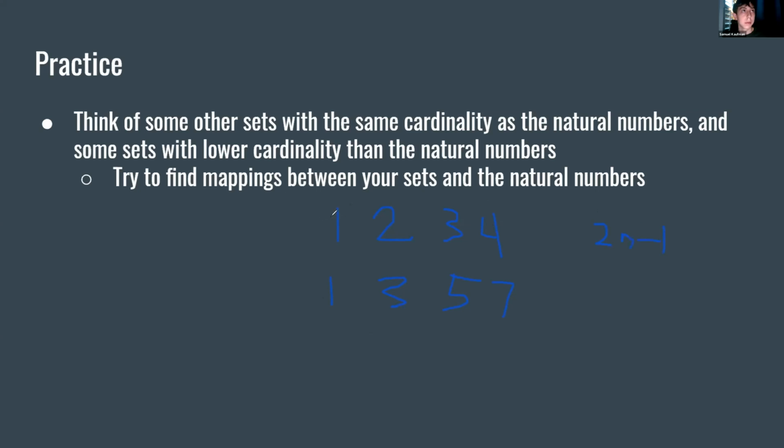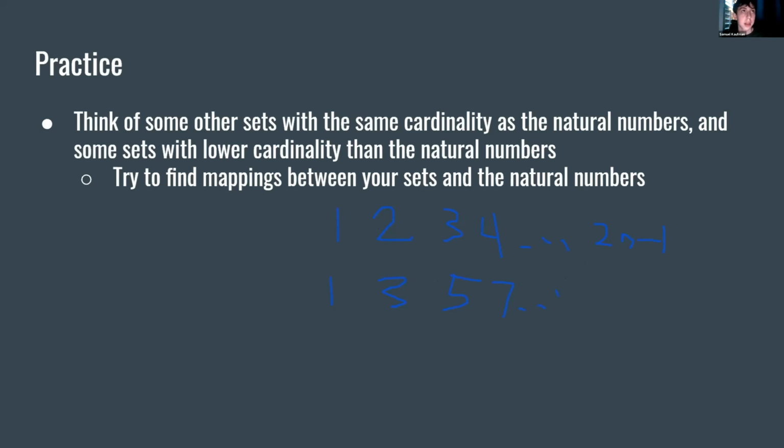And so if you do 1 times 2 minus 1, that's going to give you 1. If you do 2 times 2 minus 1, that'll give you 3. If you do 3 times 2 minus 1, that's going to give you 5, and so on. And in this way, we've shown that the odd numbers and the natural numbers have the same cardinality. So the odd numbers are also a countably infinite set.